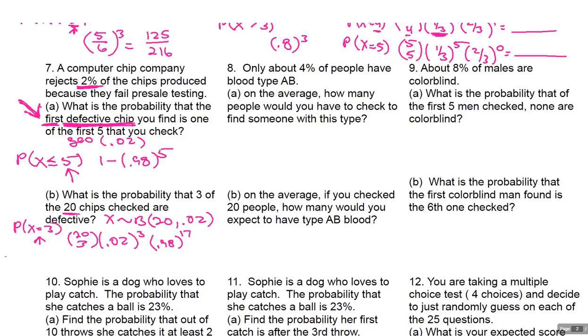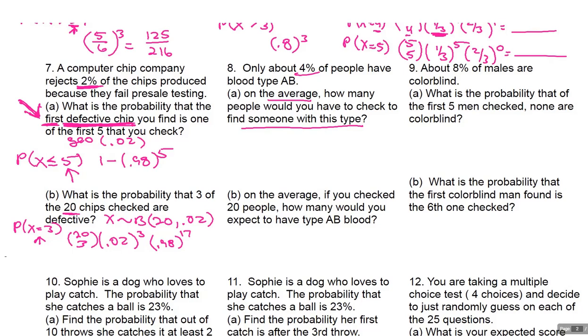Take a look at number 8. It says, only about 4% of people have blood type AB. On the average, how many people would you expect to have this blood type? No, I worded that wrong.